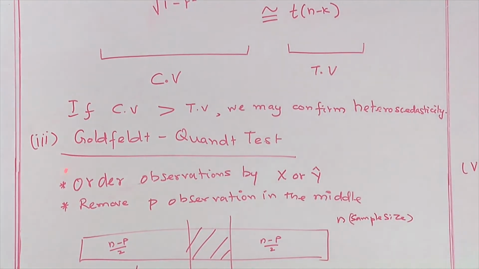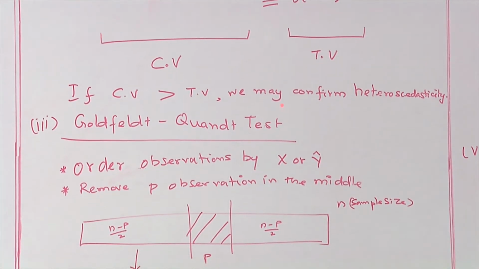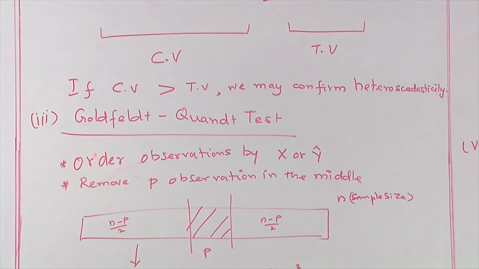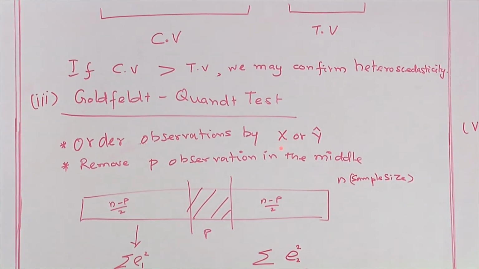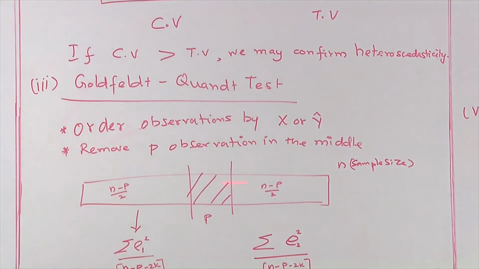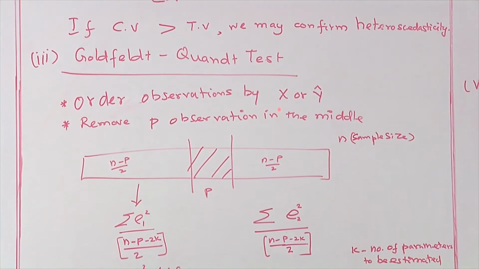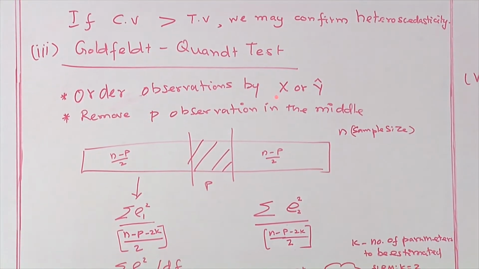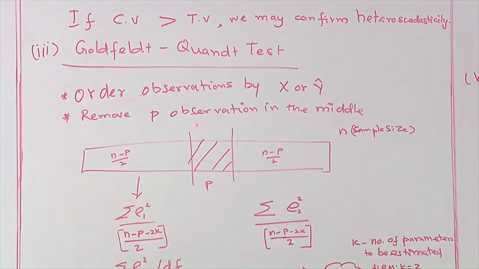Now, let us move on to the third test, the Goldfeld-Quandt test. In this test, the observations are ordered either by x or by y hat. So, n samples are first ordered by the magnitude of x or y hat. After that, we will remove the p middle observations.